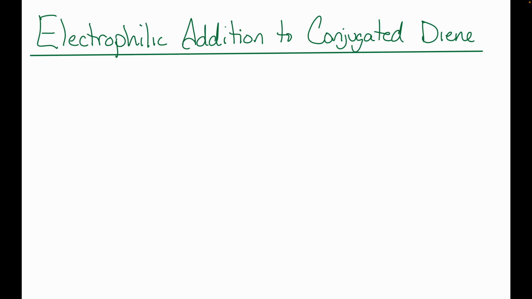Okay, and I know everybody was immediately like, man, I remember exactly this that we did because we did this last semester. So let's just review when we talked about electrophilic addition to just regular old alkenes.